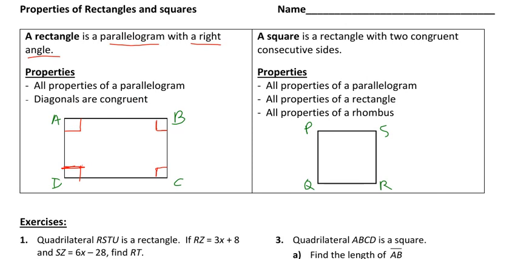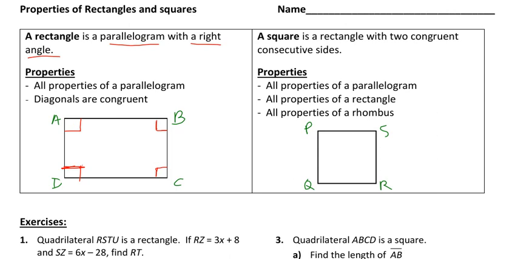Diagonals are congruent. So if I were to draw DB and AC, they would be congruent. I'm going to try to do that because my computer is not working correctly today.